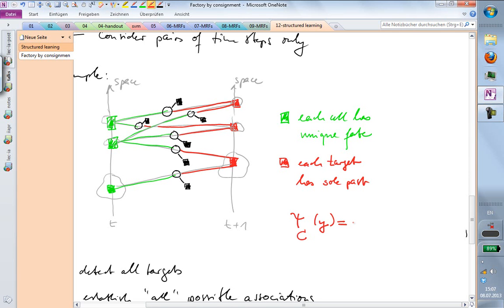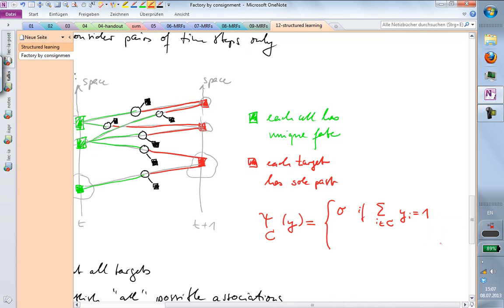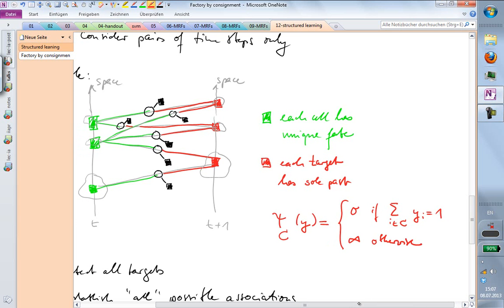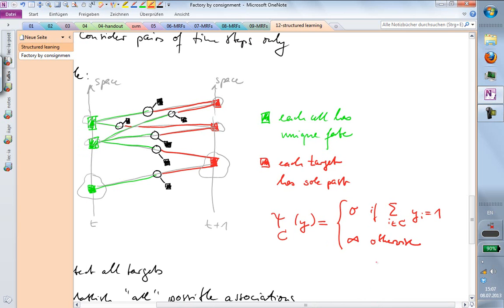And if I say that y is the vector collecting all of these binary random variables, then I could say it makes a contribution of 0 to the energy if, when I sum over all random variables in this clique, they sum to 1. So here each target must have exactly one predecessor and each target must have exactly one successor. And otherwise, for a configuration that's taboo, that would make an infinite contribution to the energy.